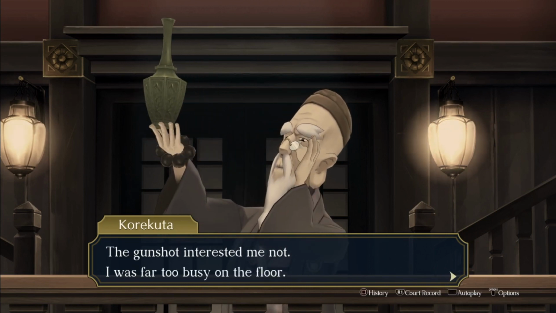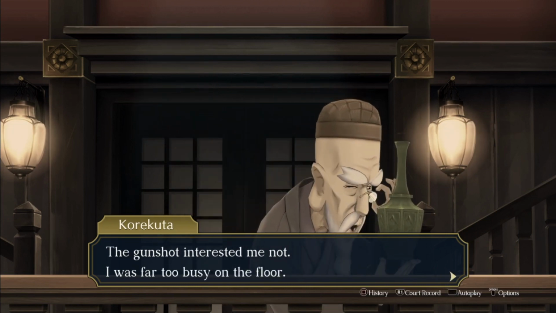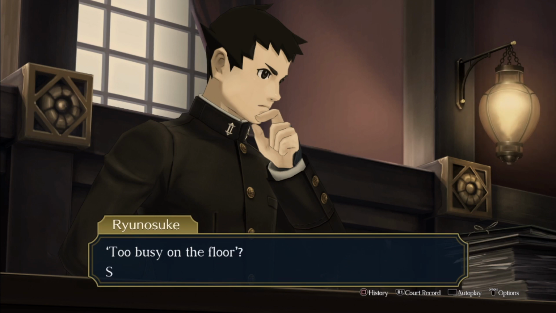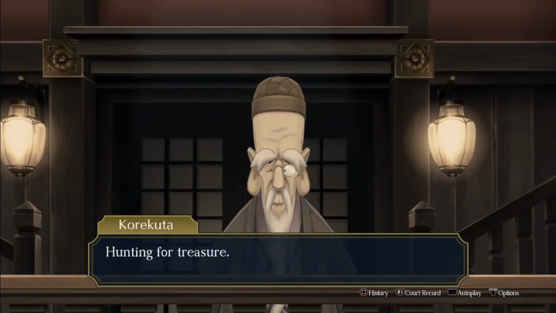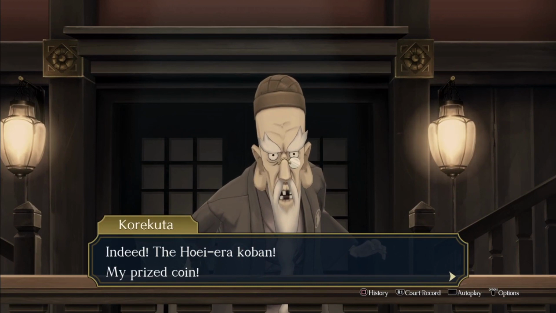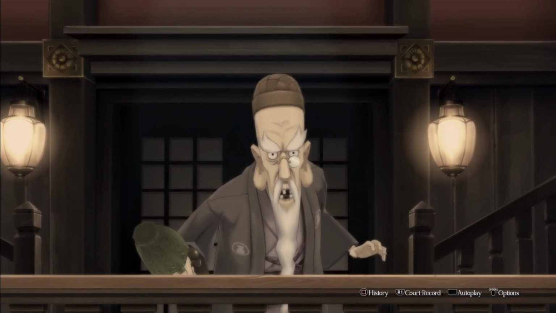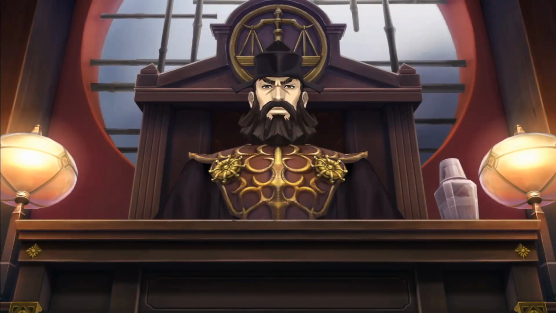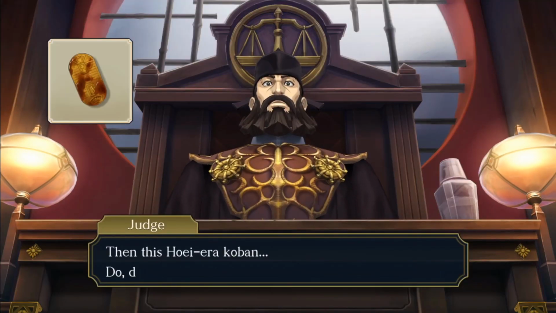I was far too busy on the floor. Too busy on the floor? Sorry, what were you doing? Hunting for the treasure. Indeed, the Huayera Koban, my prize coin.